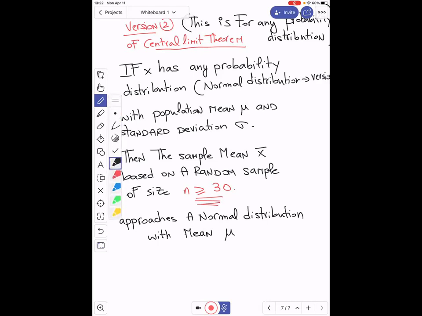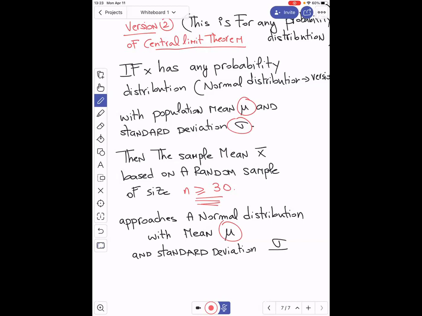So it's the same mean again. When you convert X bar to Z, you're going to use the same mean, and the standard deviation is sigma over, again, the square root of n. So it's the same formula, right? To convert, sigma over square root of n.